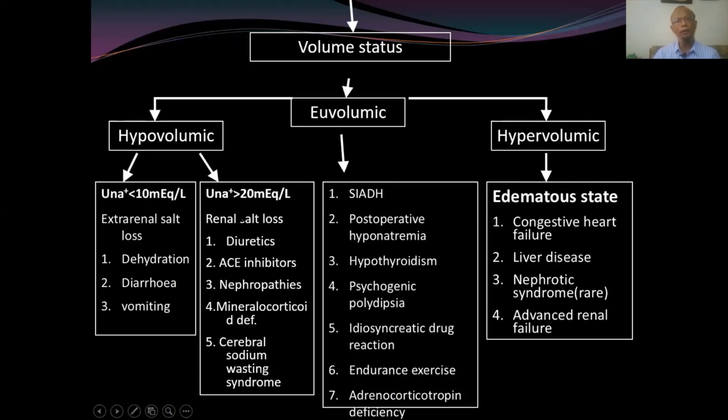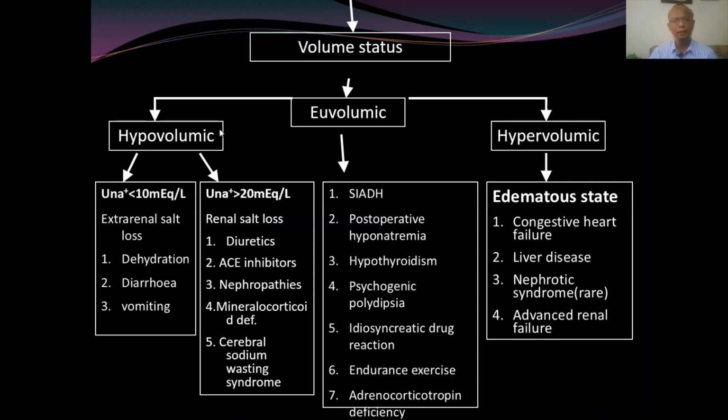But when urinary sodium is more than 20 milliequivalent per liter, we have to think whether there is any renal salt loss, either due to diuretics or ACE inhibitors or nephropathies or mineralocorticoid deficiency or cerebral salt wasting syndrome. So when you are getting more than 20 milliequivalent per liter of sodium in the urine, you have to think there is a renal loss of sodium.